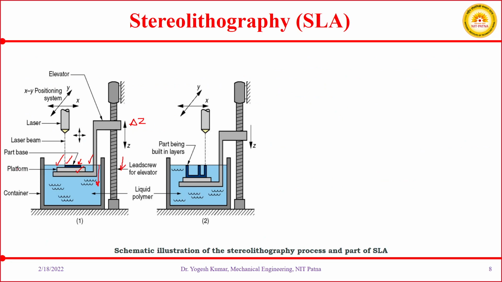What we were focusing on here is that we are solidifying the liquid resin layer by layer. This is your starting structure, and here you can see some portion of your product has been printed.